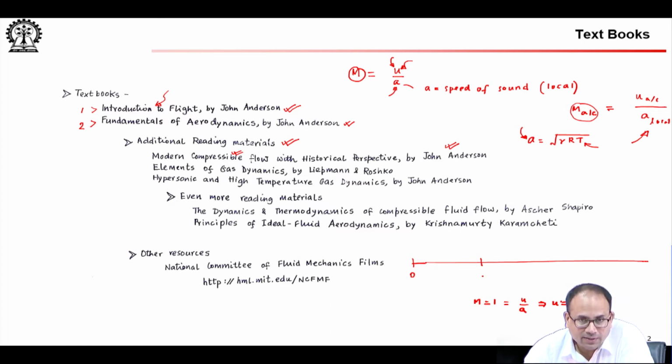For example, modern commercial aircraft, IndiGo, SpiceJet, fly at maybe 0.8 Mach, close to that range. The SR-71 that I showed in the first slide can cruise at Mach greater than 3, so greater than the speed of sound.